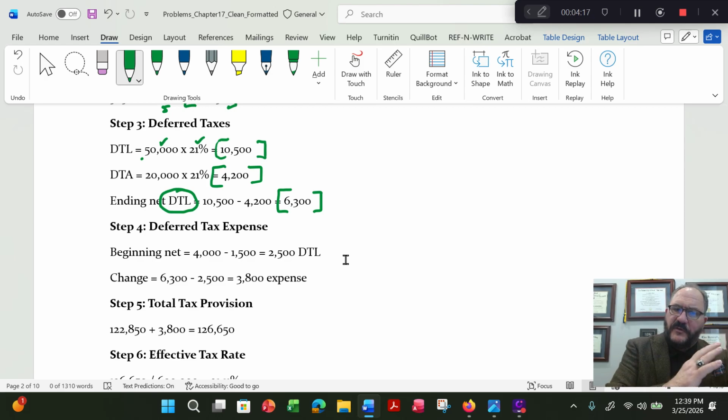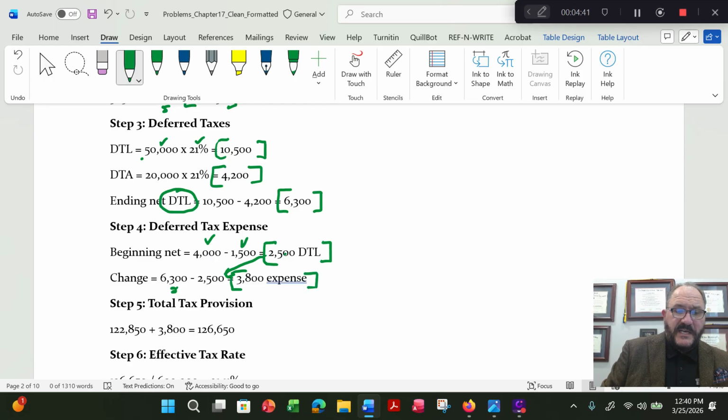Now let's take a look at the deferred part that we started with. We had 4,000 and then the 1,500, so we wound up with 2,500 as a deferred tax liability. So our total here was 6,300 minus the 2,500 that was there, so we're going to have a $3,800 expense.